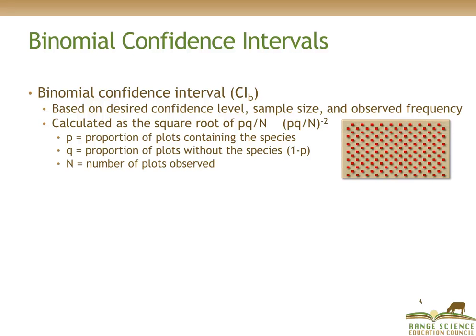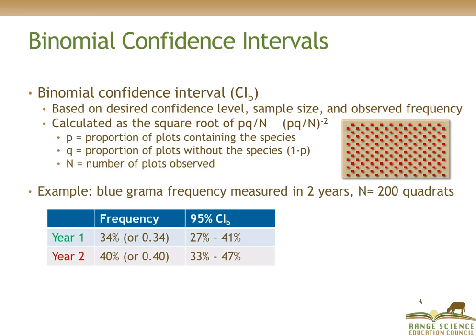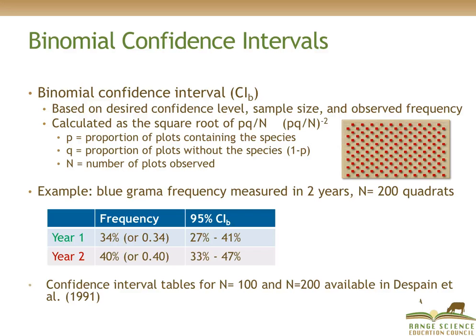So let's take a look at an example where we use binomial confidence intervals. In this example, we've measured blue grama frequency in 2 different years using 200 quadrats. In the first year, we estimated the frequency at 34%, or written as a proportion, 0.34. In year 2, the frequency of blue grama was recorded as 40%, or written as a proportion, 0.40.